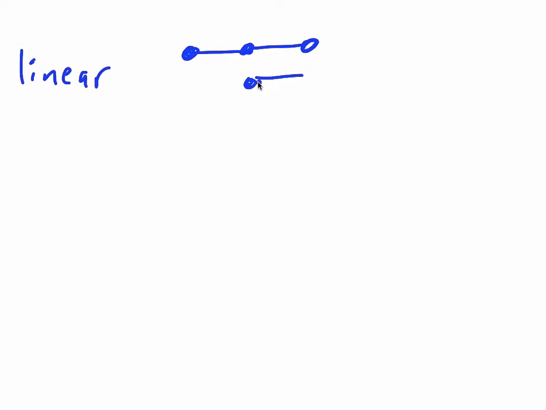We have four primary shapes. We have a linear shape, and a linear shape can really form from three different ways.